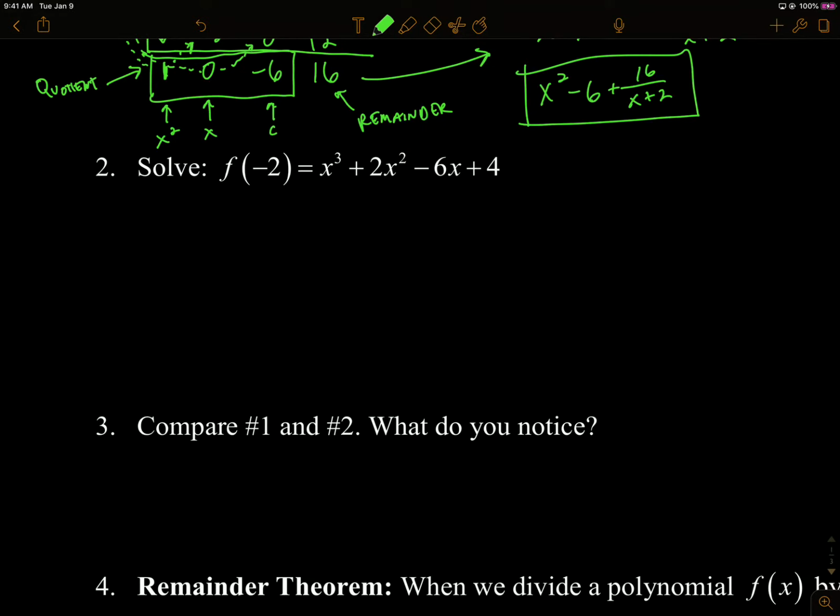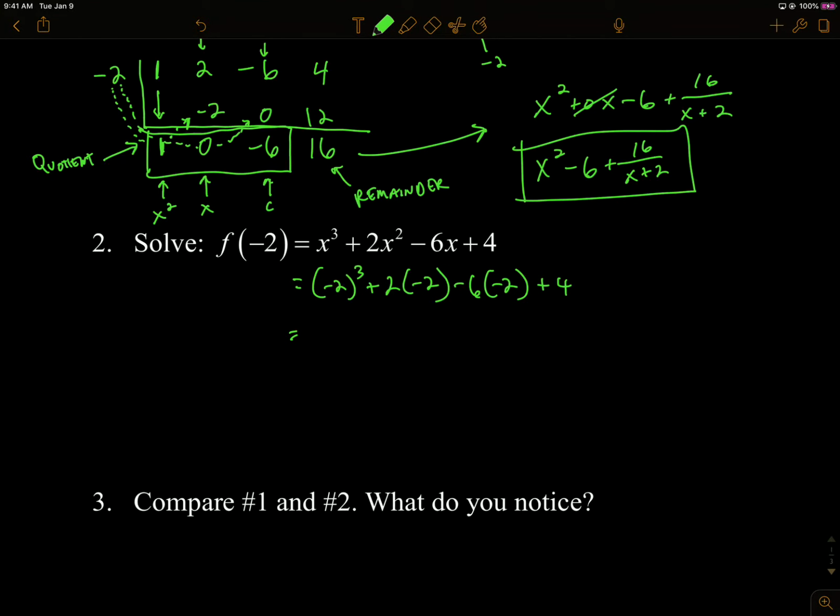So next they want us to find out or evaluate f of -2. So that means we have to plug in -2 for x. I'm going to let you do that here so you can pause the video. Okay, so we should get 16.